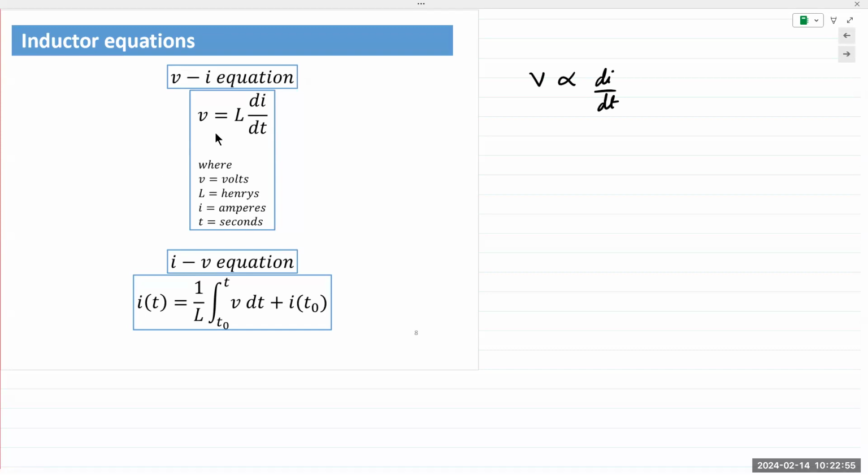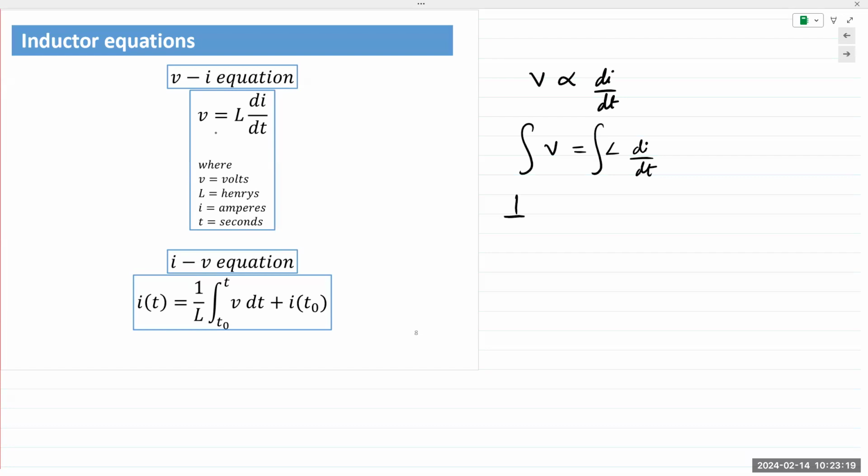The flip side of that equation gives us the current equation. V equals L di over dt. If you want to find current given the voltage, then you simply integrate both sides of the equation. L is a constant. You take it outside and take it to the other side.